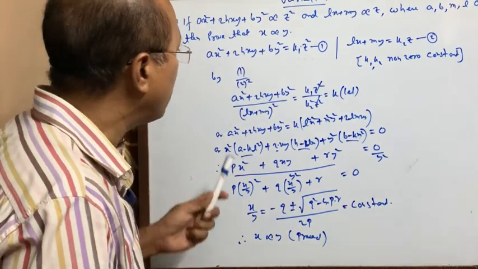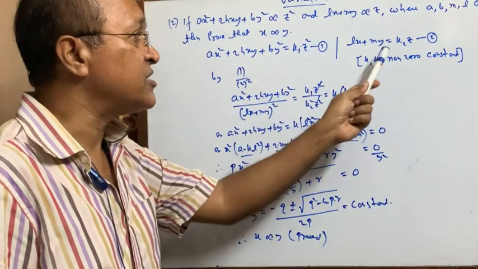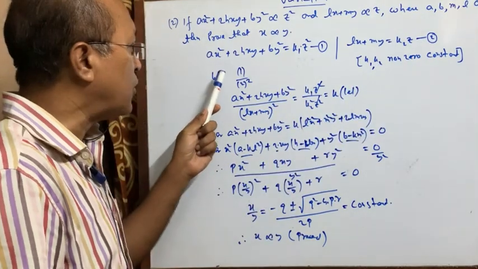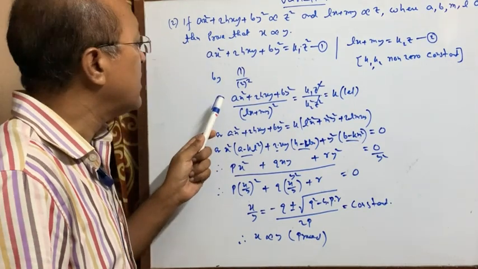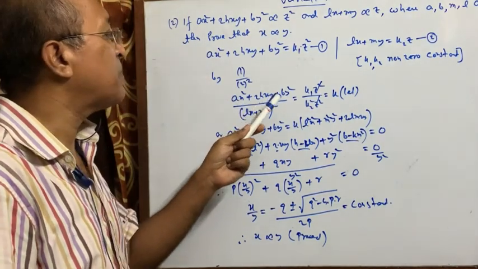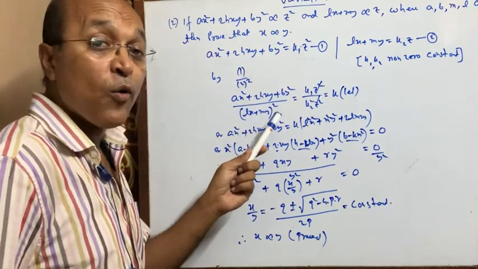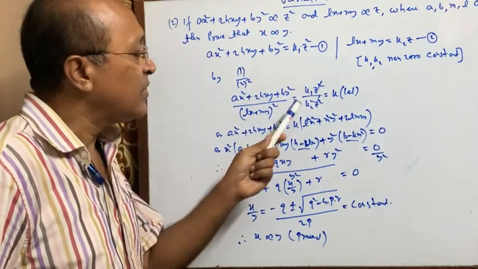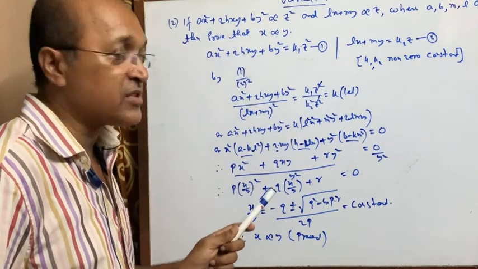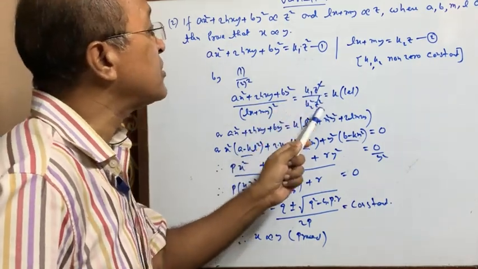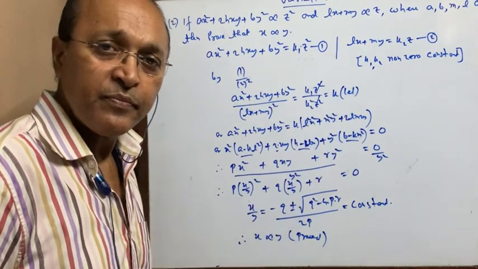Now what I am doing, considering this relation as 1 and this relation as 2, by doing 1 by 2 square, that is ax square plus 2hxy plus by square by (Lx plus My) whole square is equal to k1 by k2, z square by z square got cancelled, and then this one is nothing but a constant term. Here it is being considered as k. Okay.